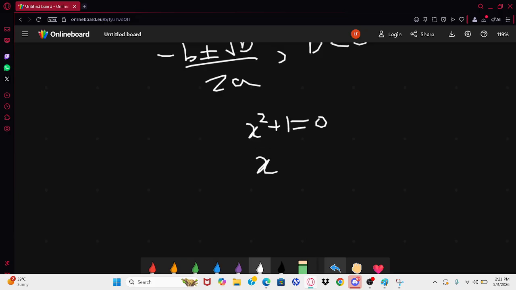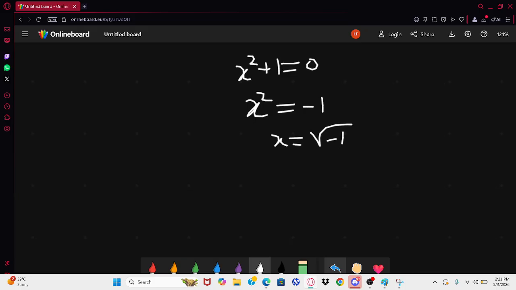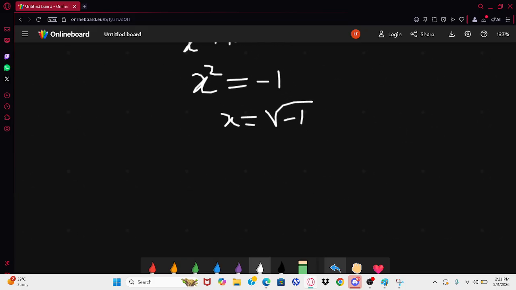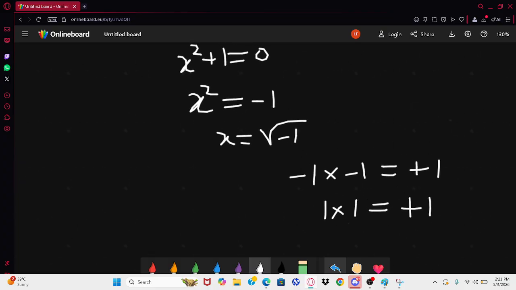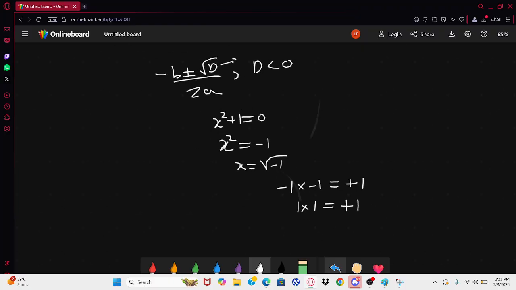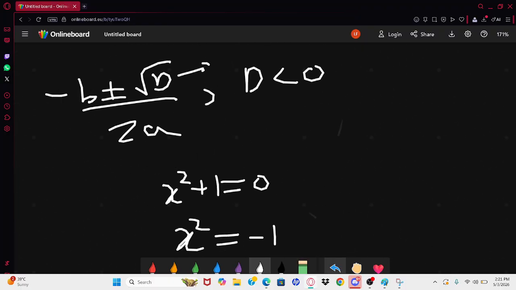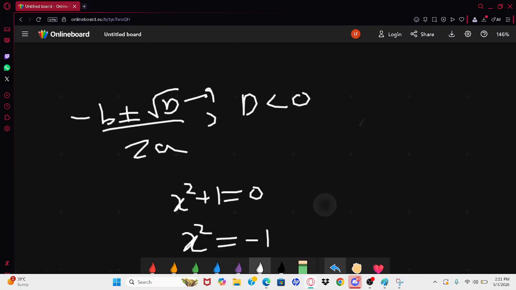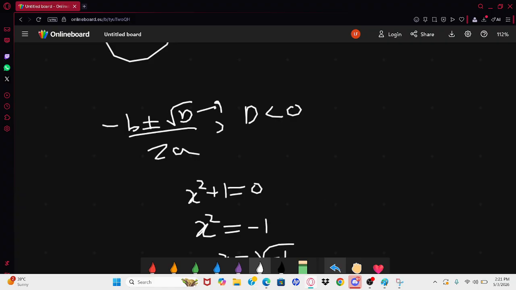You solve for x, you get x squared equals negative 1, and x equals the square root of negative 1. What is the square root of negative 1? There is no square root of negative 1, because negative 1 times negative 1 equals positive 1, and positive 1 times positive 1 is also equal to positive 1. And in the same way, you can't take the square root of any negative number. So you're going to get an imaginary quantity, which I'm going to discuss in depth in the next video.